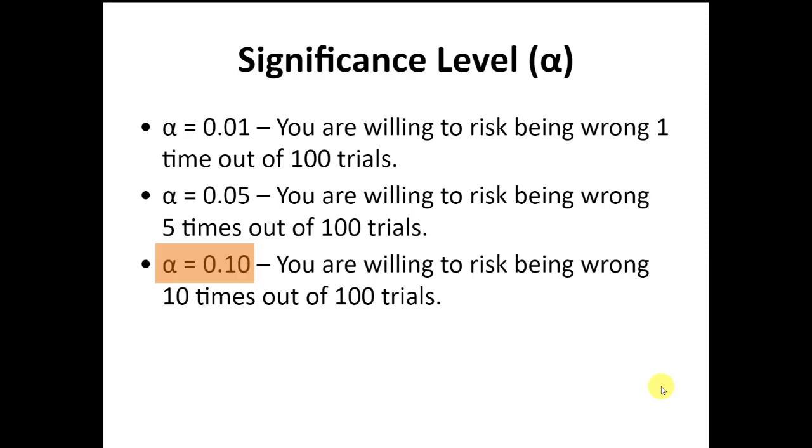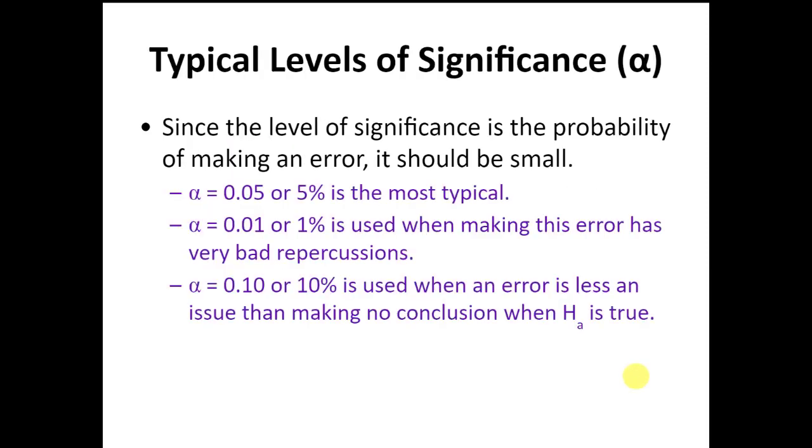And if you've got a 0.1 alpha, then you're willing to risk being wrong 10 times out of every 100 trials. So it just depends on what you're looking at. Because we're trying to reduce error, right? We're also trying to control for type 2 errors, falsely retaining the null, so we have to make a decision here, okay?